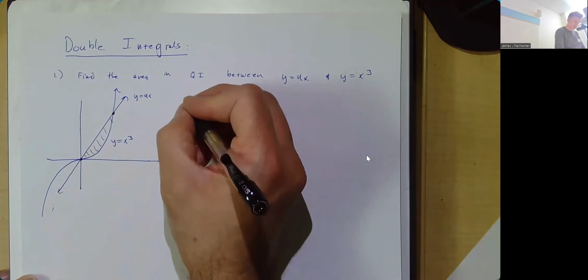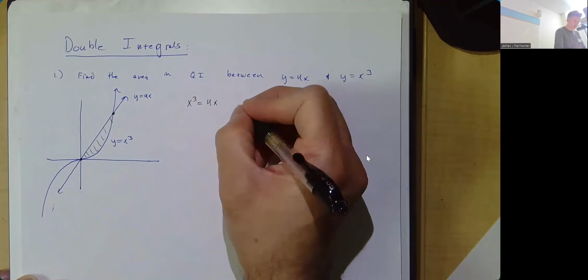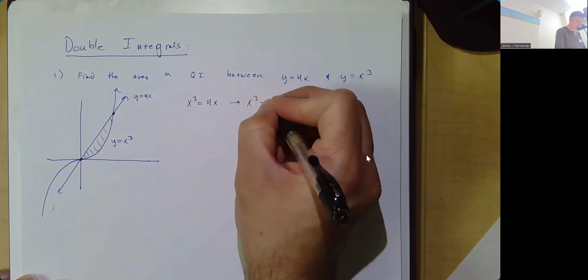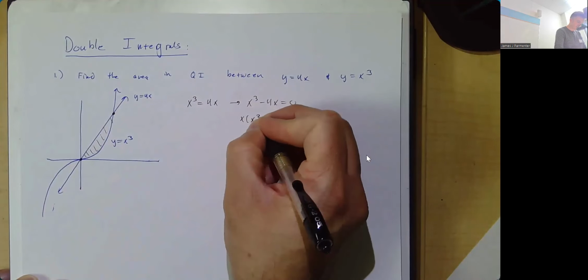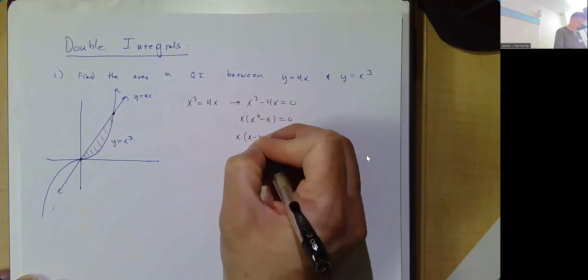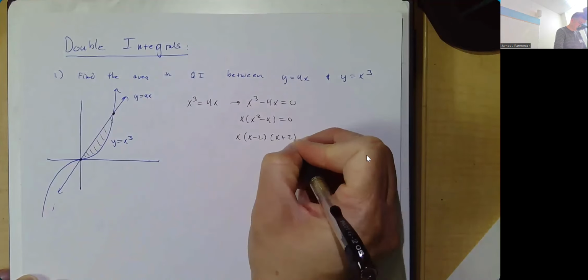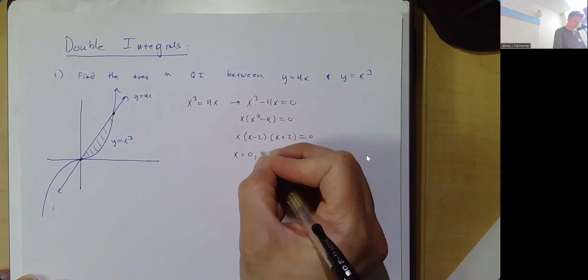So setting them equal to each other, x cubed equal to 4x, bring everything to one side, factor out an x, factor even more, and you end up getting points of intersection that are x equal to 0, x equal to 2, and x equal to -2.